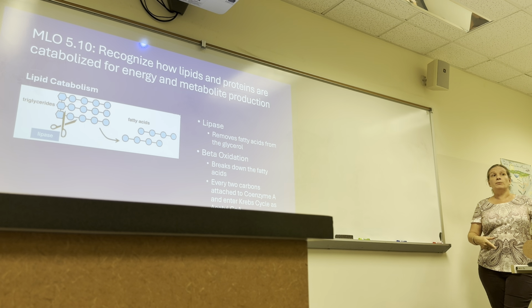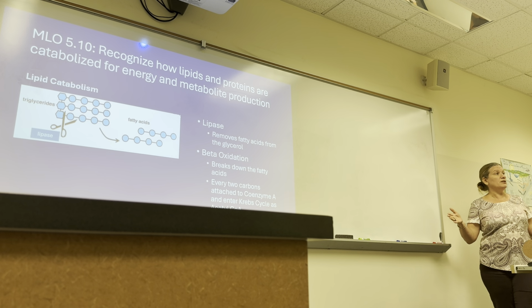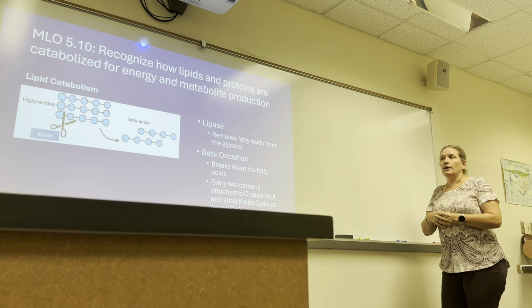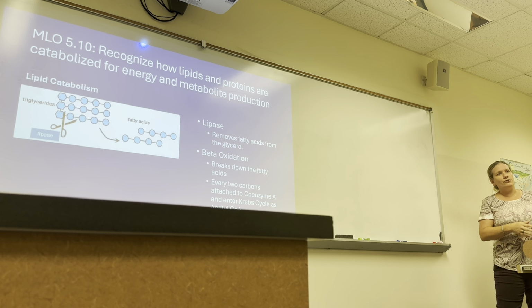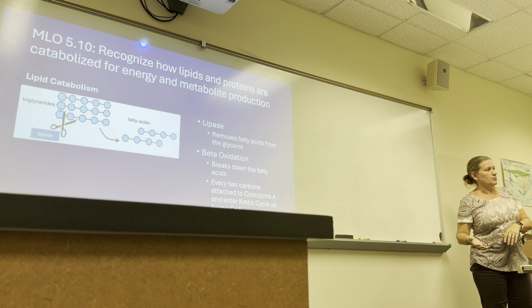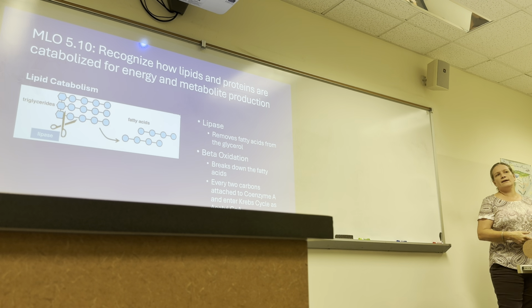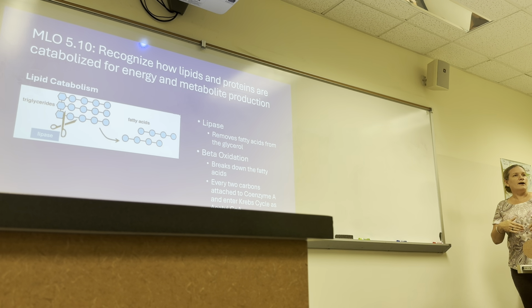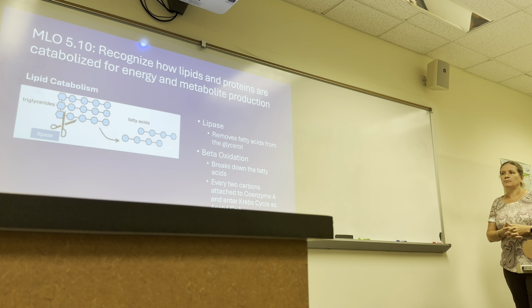We're going to be cranking out a lot because fatty acids can be very lengthy, and there are 3 of them. Then all those electron carriers move to the electron transport chain, and we get ATP produced. That explains why triglycerides are a big storage mechanism for energy for a cell.